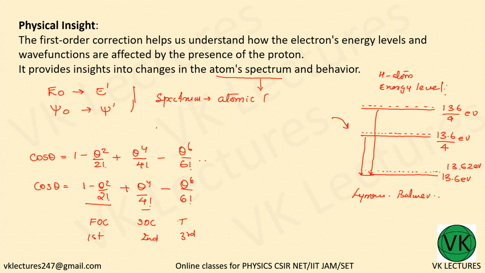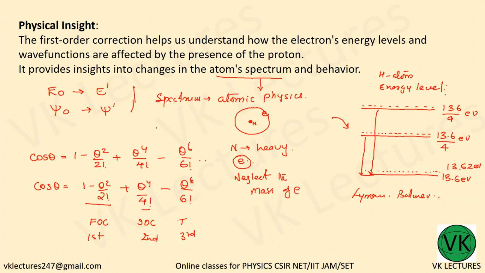In atomic physics, we consider the nucleus over here, and the electron. We used to make all calculations based on the fact that the nucleus is much heavier than the electron, and we neglect the mass of the electron and then calculate.